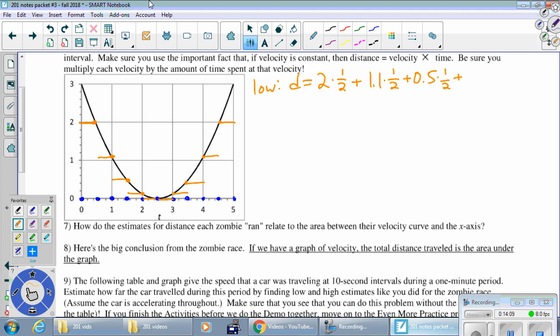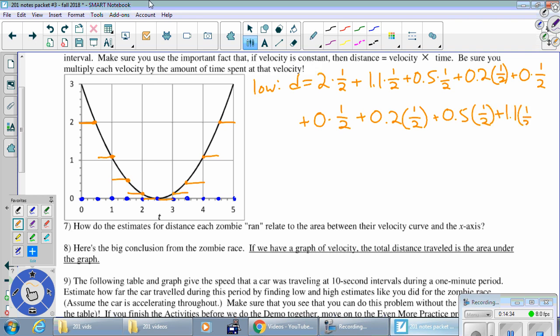I'll call it 0.2 times half an hour. And then the fifth half hour, velocity we're assuming is 0 for half an hour. Plus, and then in the sixth half hour, again, it's a 0 times half an hour. And in the seventh half hour, 0.2, and then 0.5, 1.1, and 2.